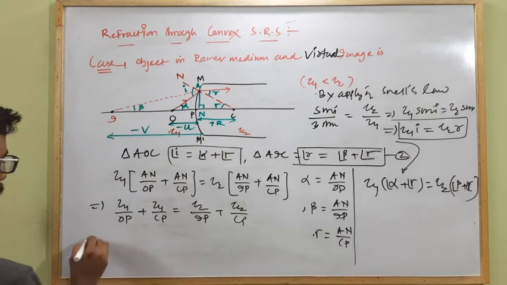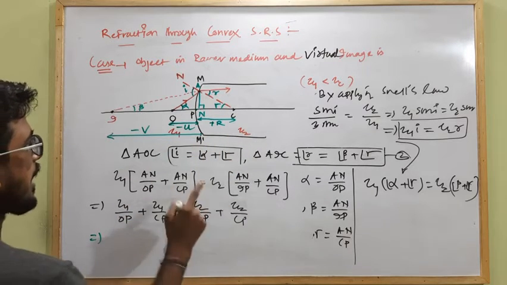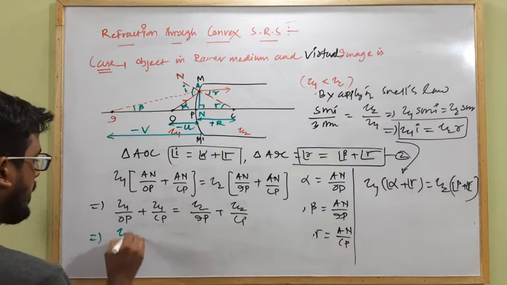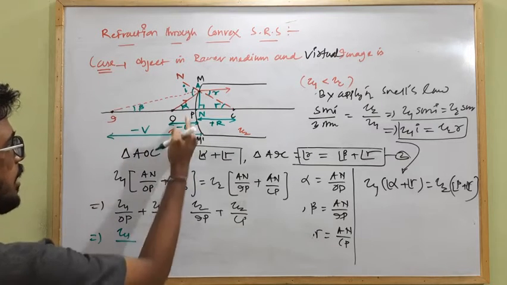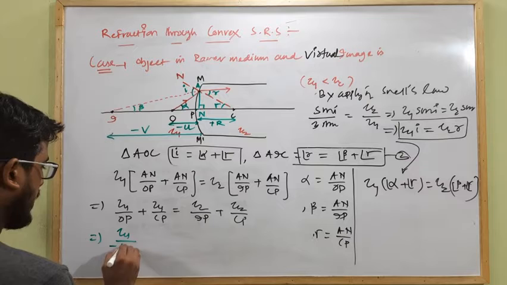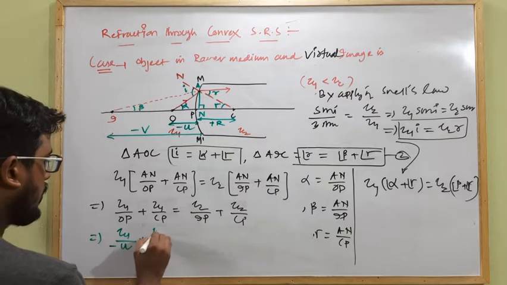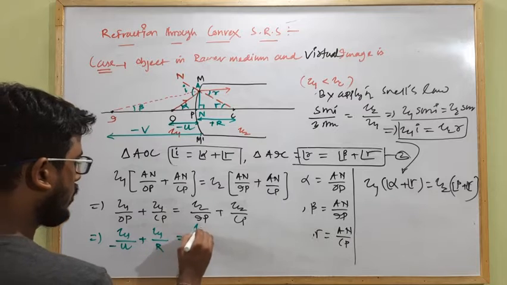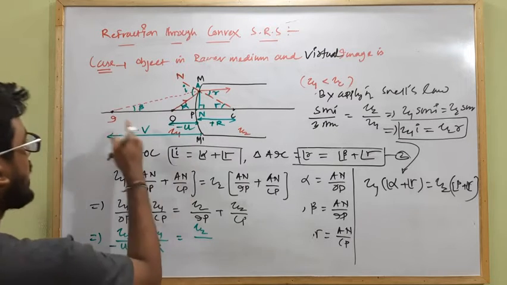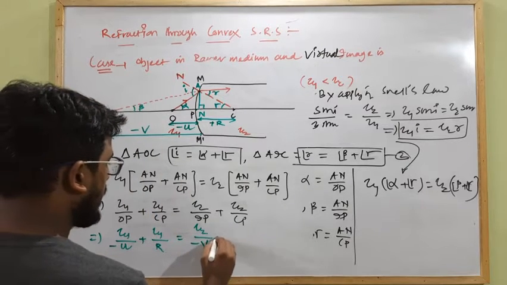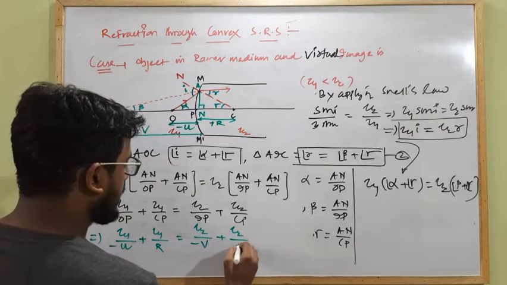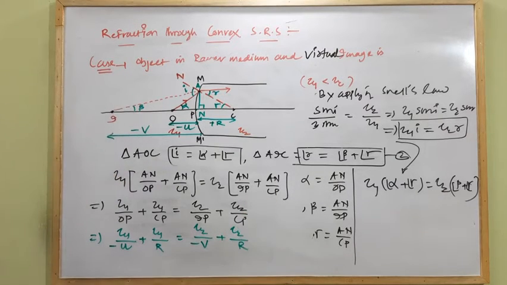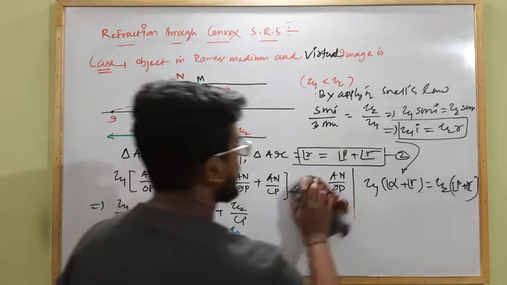So replacing the values of OP, CP and IP, we will get mu1 divided by minus u, plus mu1 by plus r, equal to mu2 by minus v, plus mu2 by plus r. Again by rearranging this, what will we get?